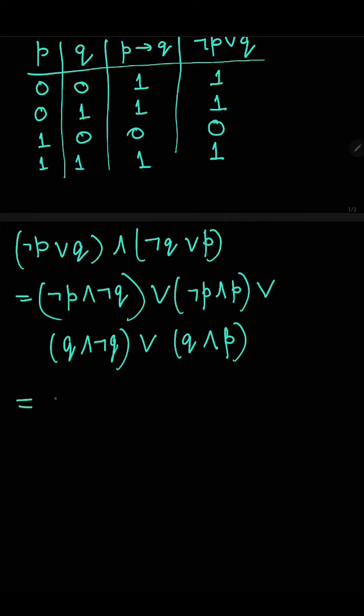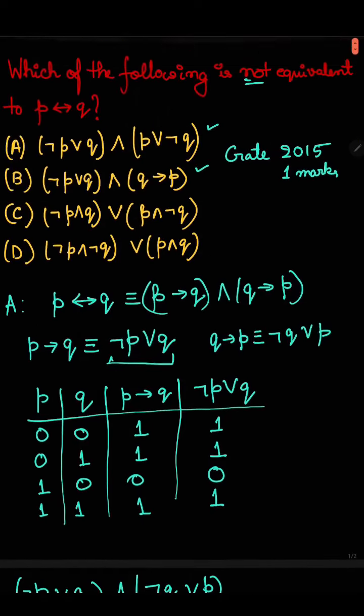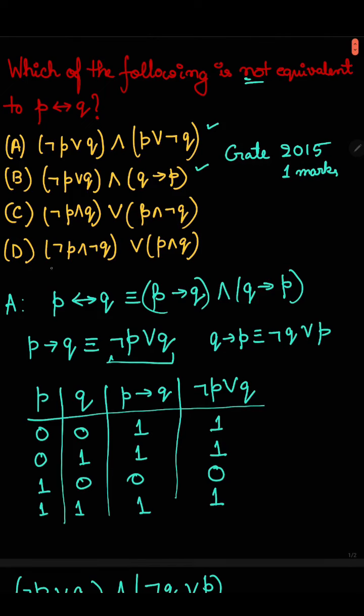So you get P and Q, or not P and not Q. And this is, I think, the last expression, which is not P and Q or P and Q. So all these three are equivalent, so option number C is not equivalent.